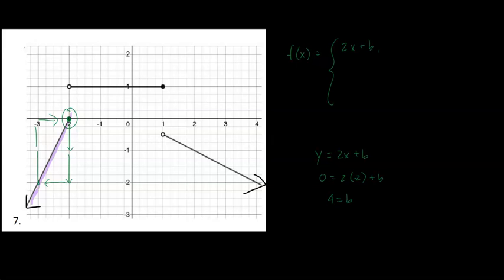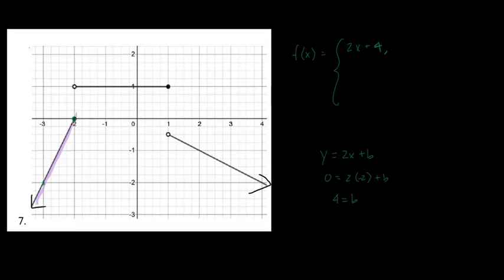Plus 4. Let's go ahead. That's not 4. That's b. Let's go ahead and identify the parameter. Okay. Now, so we have, that is going to be x is less than or equal to -2.